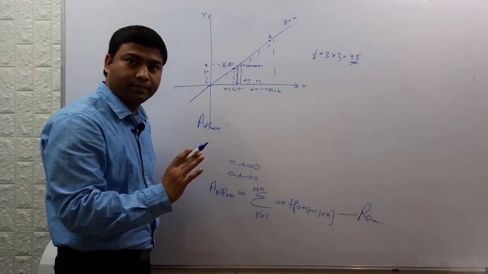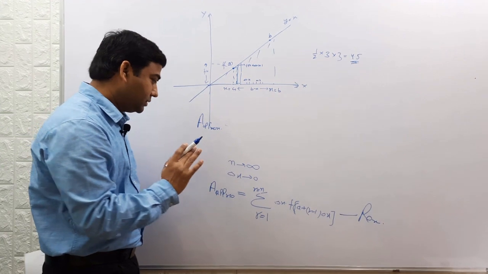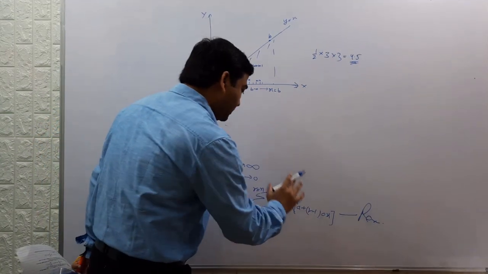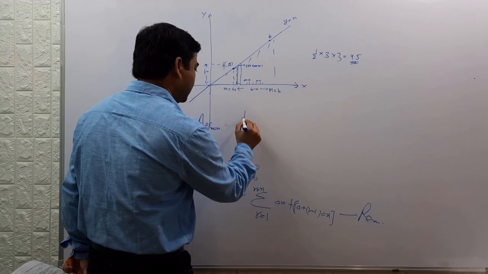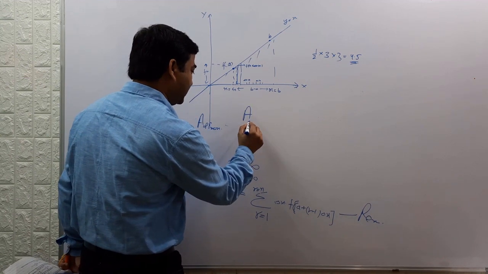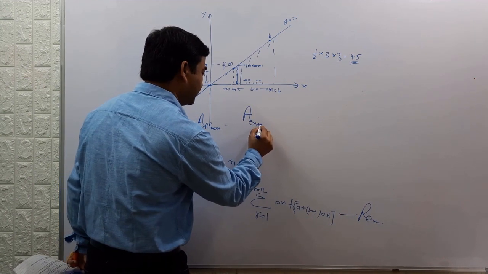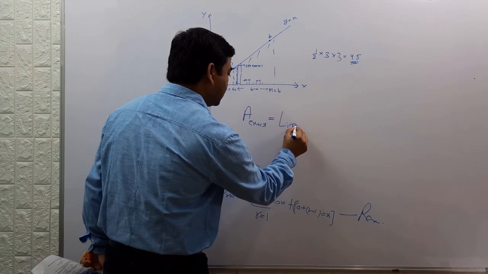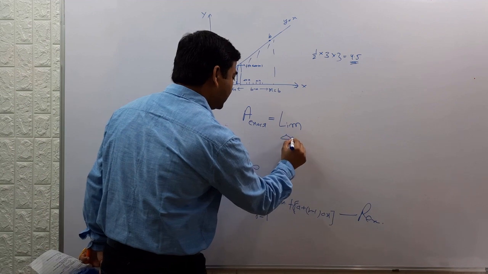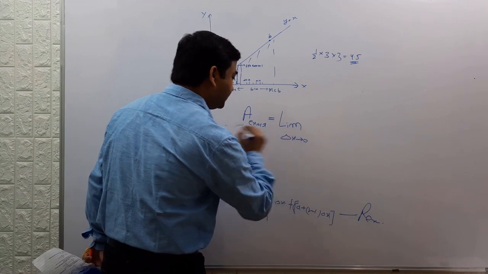So now we are finding the exact area. The exact area is equal to limit, delta x tending to 0.